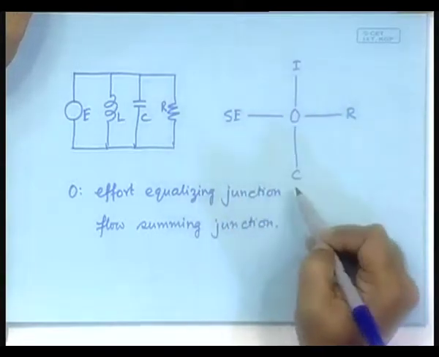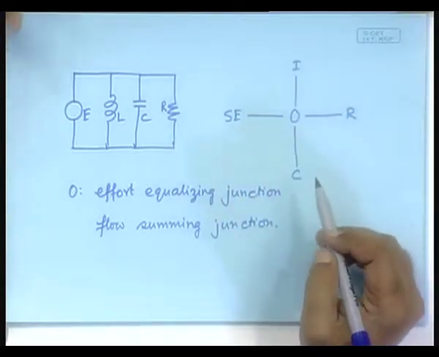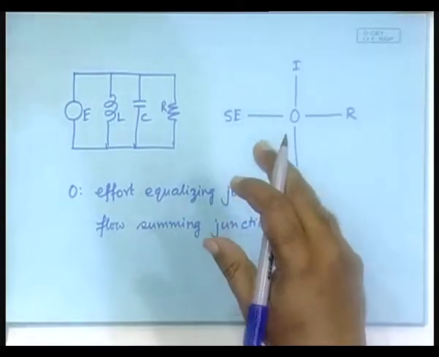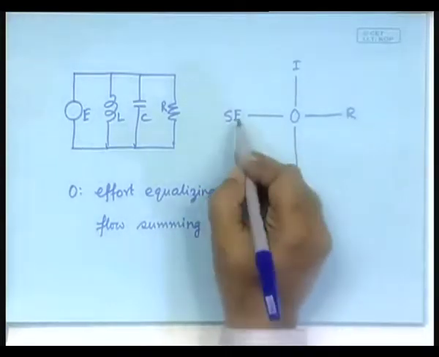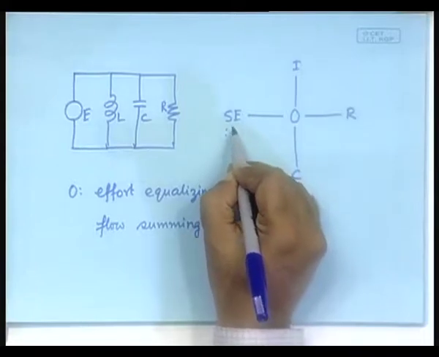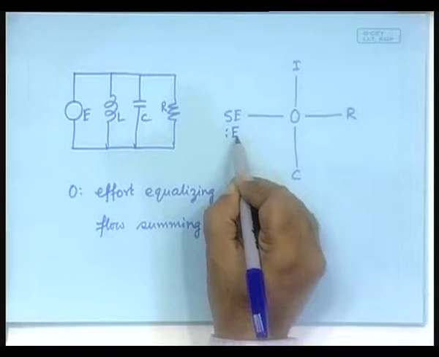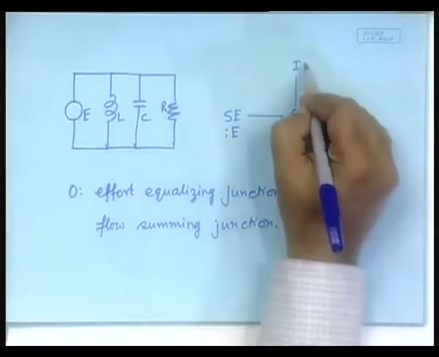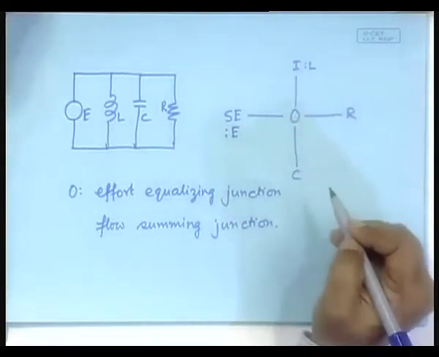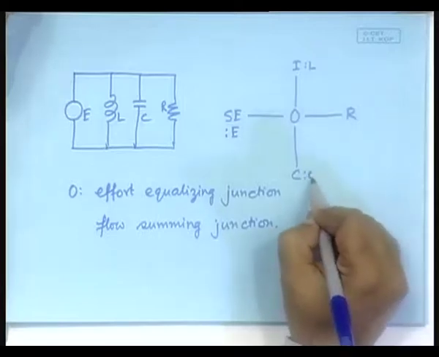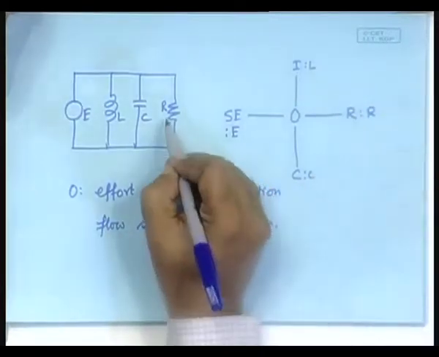Since these are generic symbols, there has to be some way of denoting that this AC element is nothing but the E, which is given as a colon, and then you write the actual thing. So, this is L and so on and so forth. So, this is C and this is R, all right, but it could be R1 and C1.